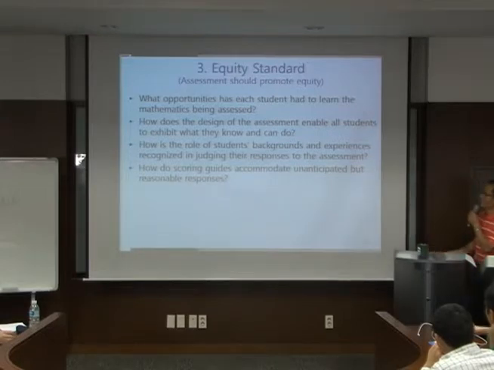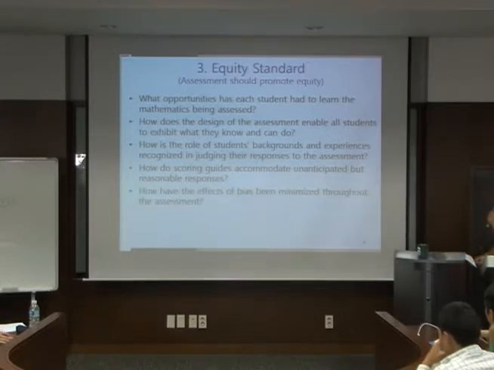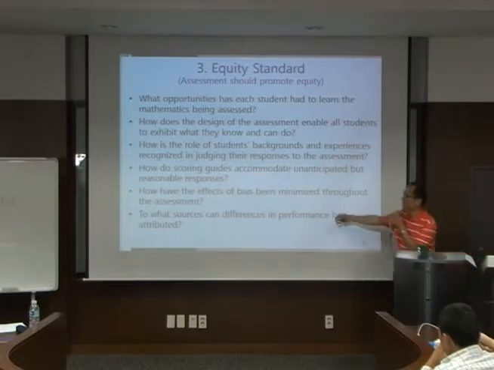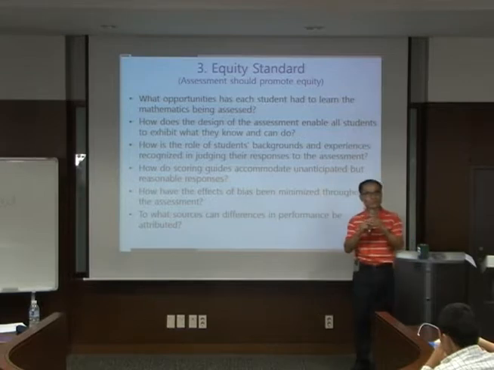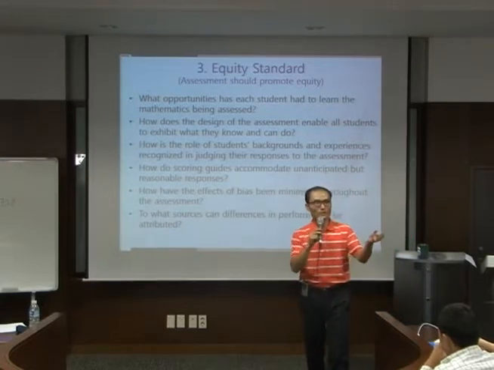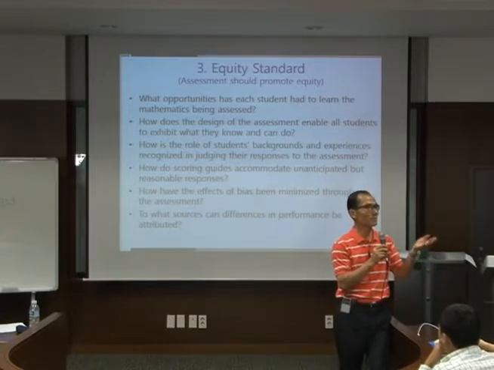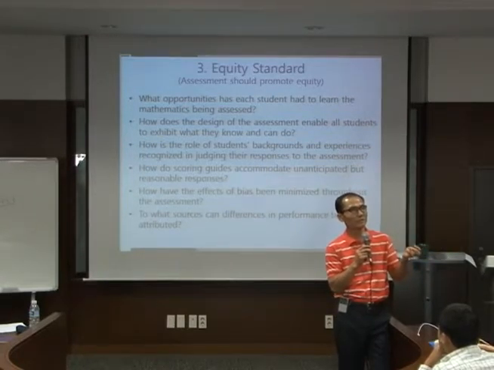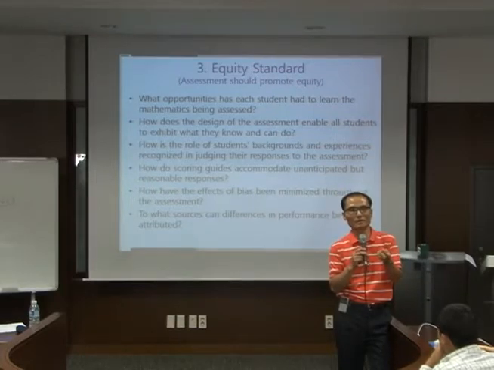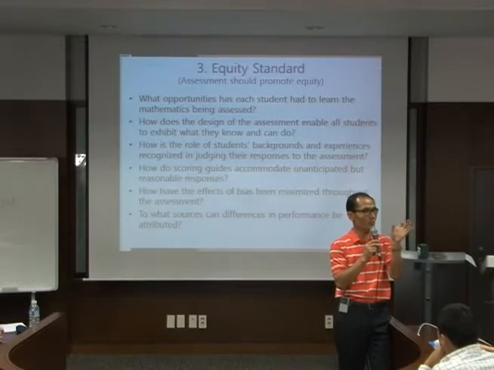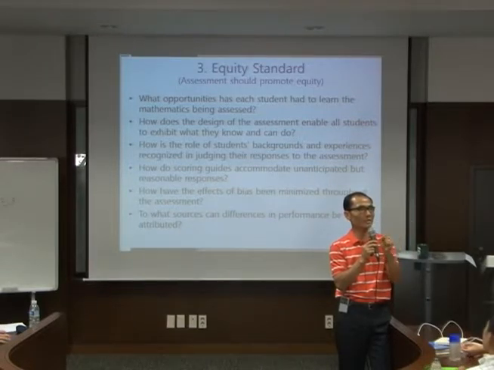Therefore, equity is another important issue. Is the effect of bias minimized throughout the assessment? To what source can differences in performance be attributed? I already explained this. Do you think, for instance, in your final exam, one student got 70 out of 100 and the other student 90 out of 100, do you think that 20-point difference makes sense to you?